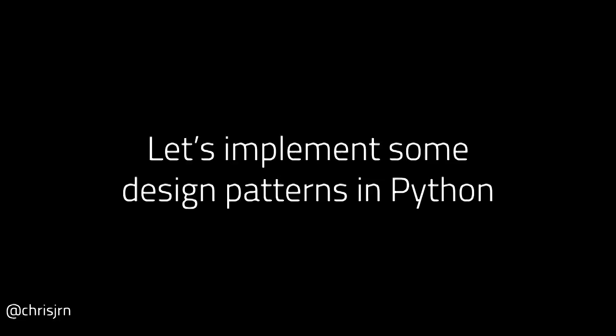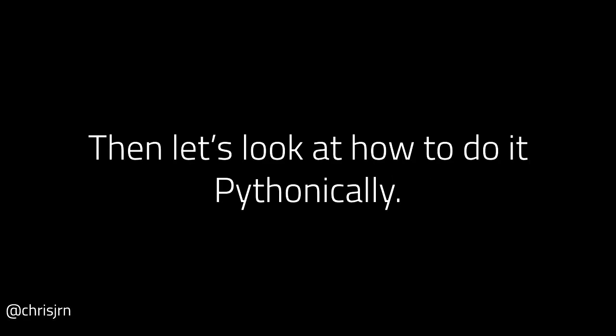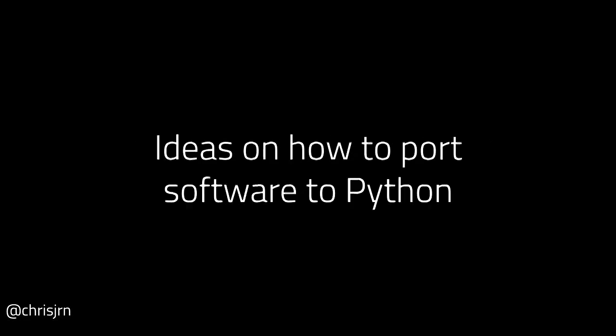Today we are going to write some implementations of some common object-oriented design patterns as if we were implementing them in another language, but we're going to use Python because this is a Python conference. Then we're going to look at what features we can use in Python that let us avoid using those design patterns. The end result is that we'll end up with some code that makes the best use of the features that Python gives you to write code.